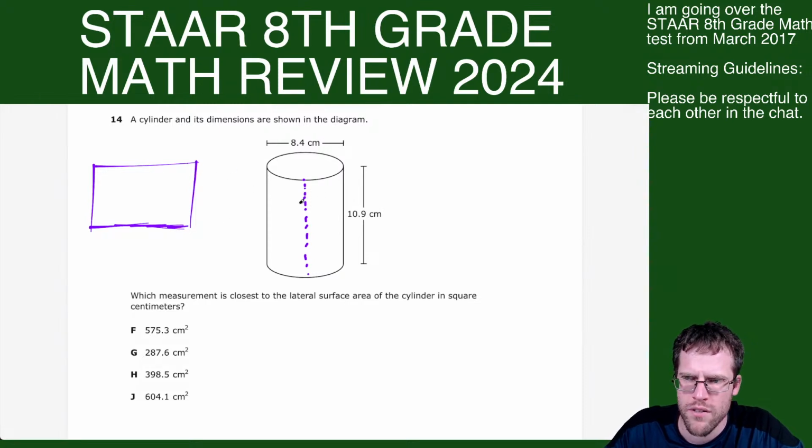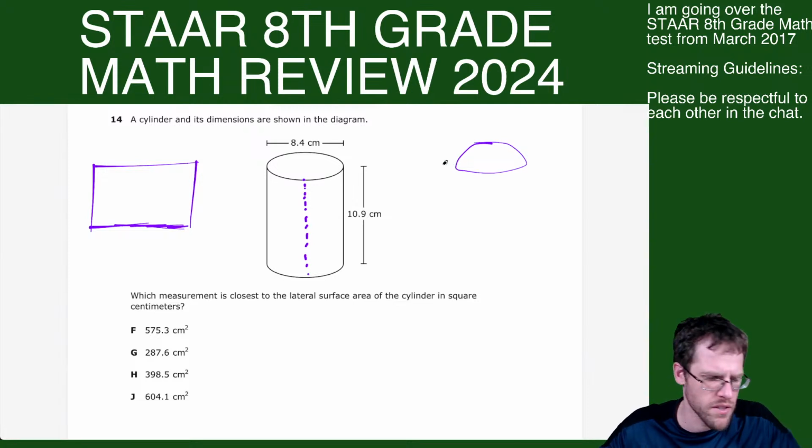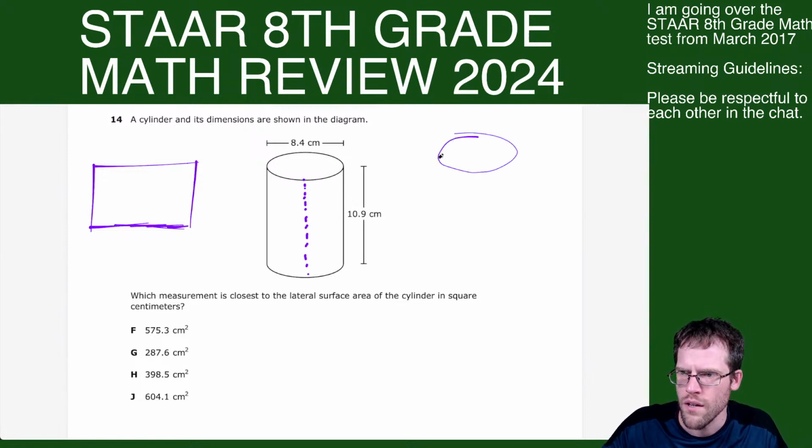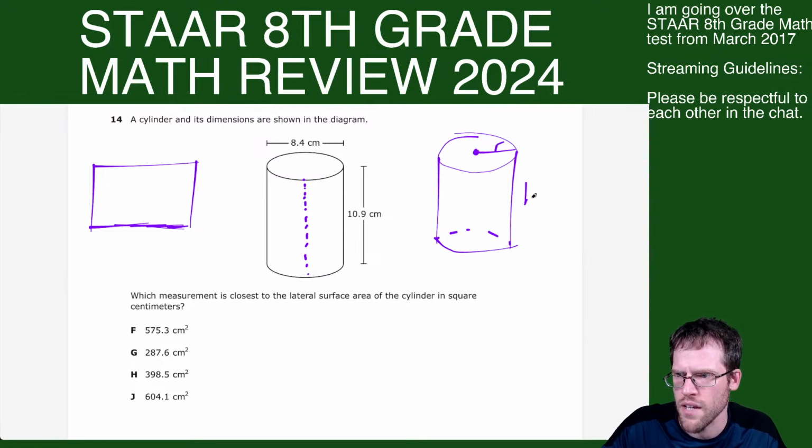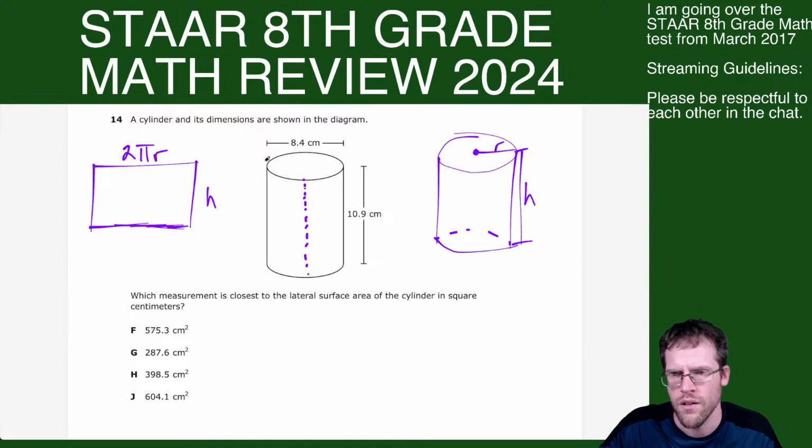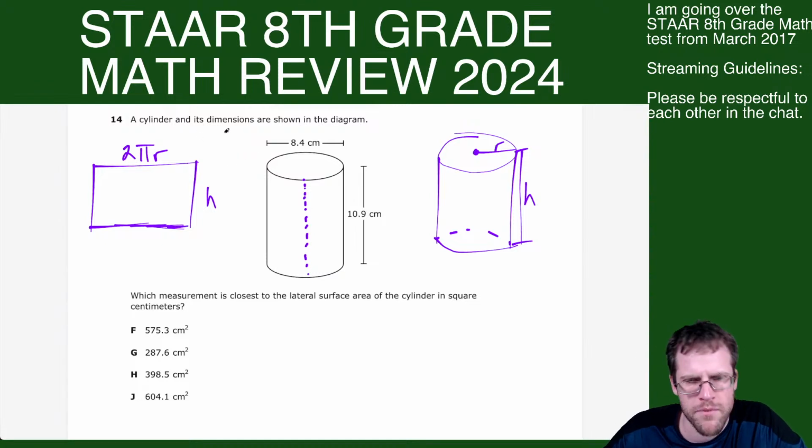If I have a cylinder with radius r and height h going this way, then going here is h and going this way would be the circumference. If I were to cut the cylinder open and stretch it out, it would give us the circumference of the circle on the top and the bottom. And the circumference of a circle is 2 pi r, or I could say pi times diameter.